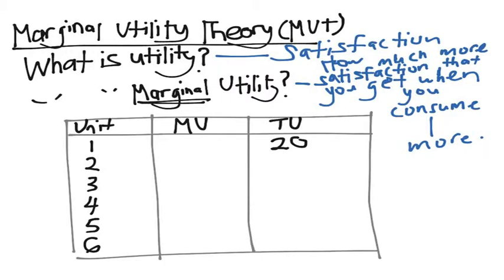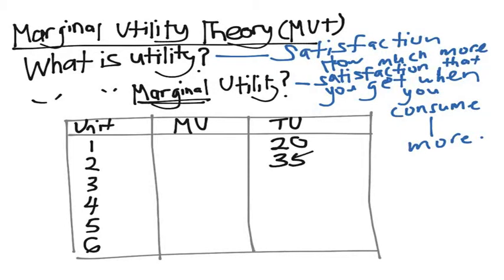Now I give you the second piece of bread. Because you already ate one bread, you are still satisfied, but not as much as before. You did not increase your satisfaction that much. So let's say your satisfaction grows from 20 to 35.